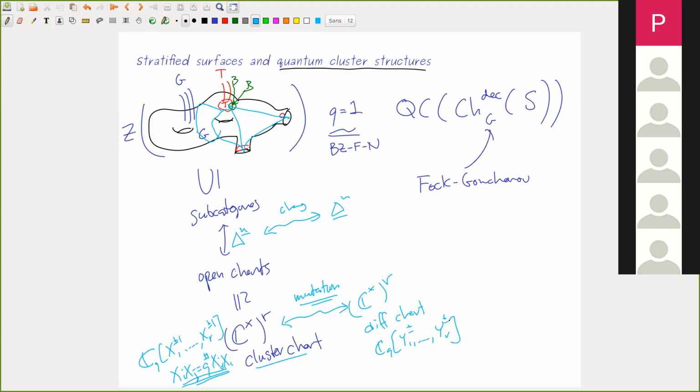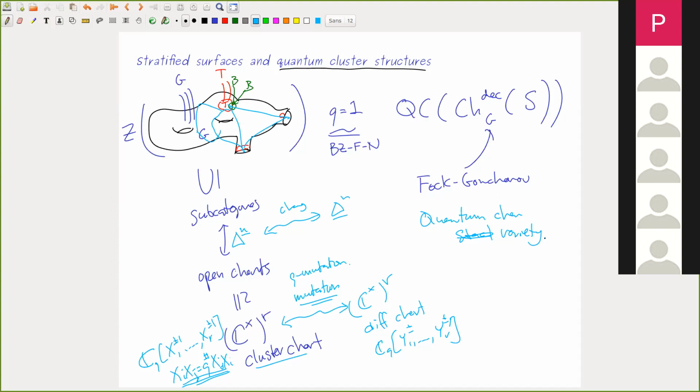And they're able to quantize also the mutation. So there's a Q mutation as well. And so they define a quantum character stack, or they call it the quantum character variety, excuse me. They define a quantum character variety by generators and relations.